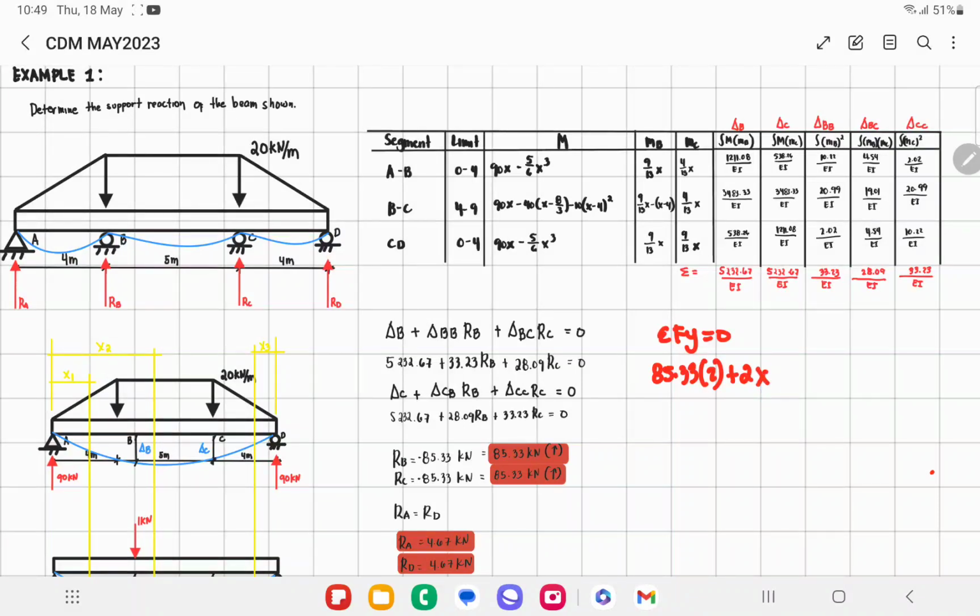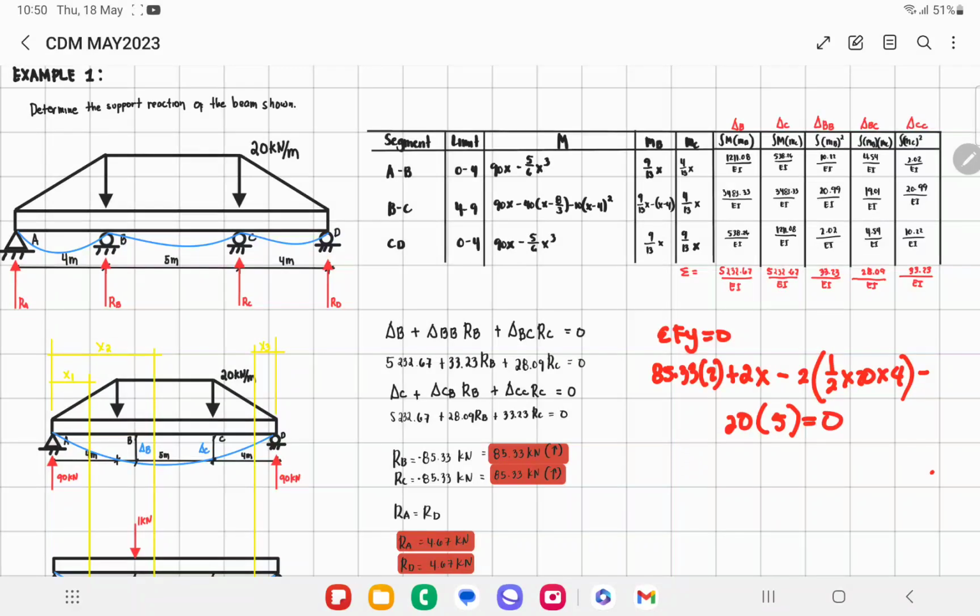Since alam naman natin that this is a symmetrical load from this beam. Okay, so 2x. So alam naman natin equal na lang yan. Okay, and then minus yung load applied. So 2, dalawang 1/2 na 20 na 4. And then minus 20 times 5 must be equal to 0.